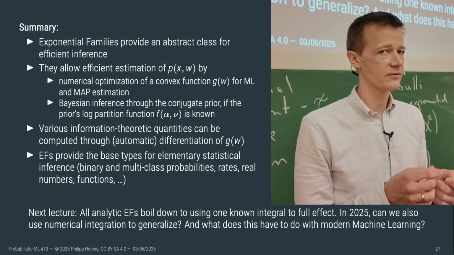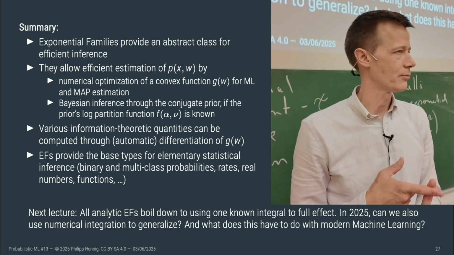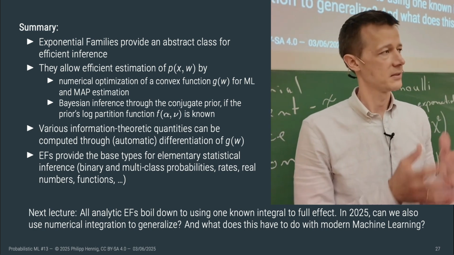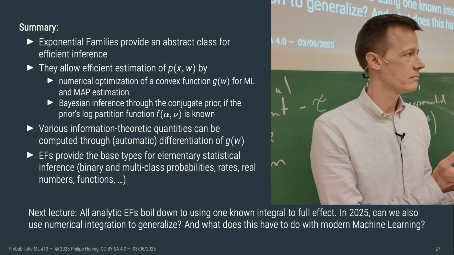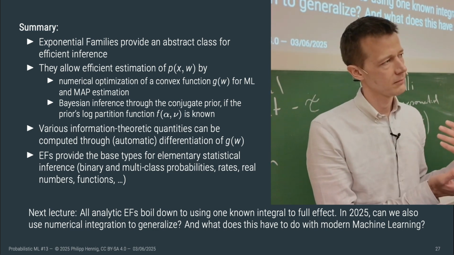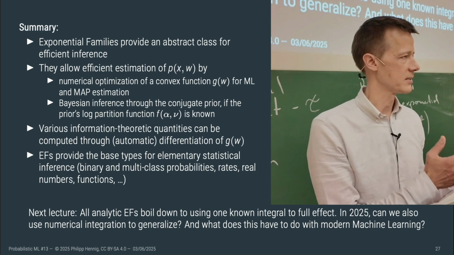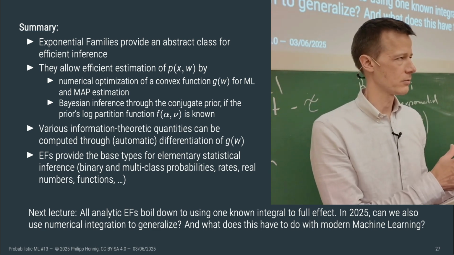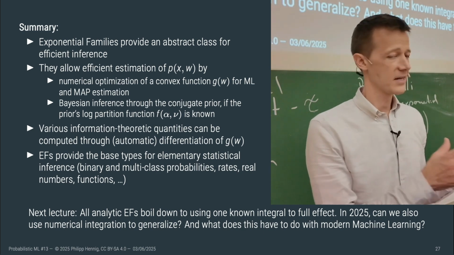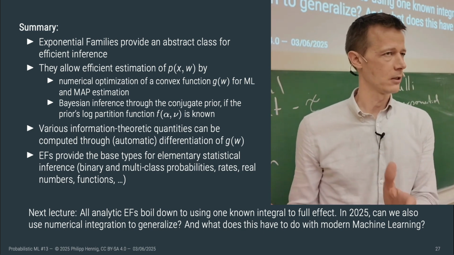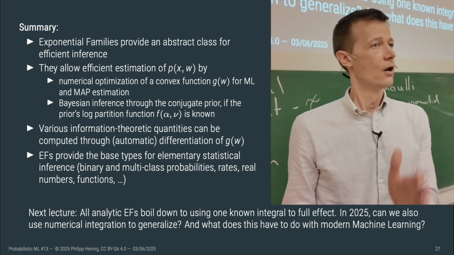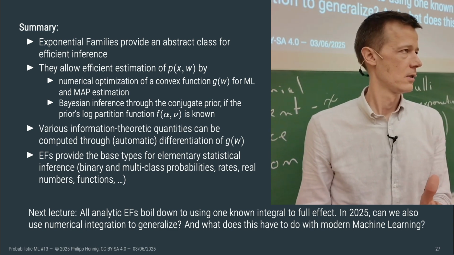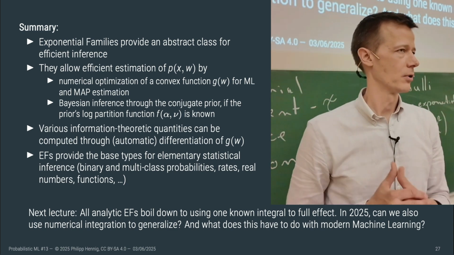It allows us, first of all, to do efficient statistical estimation of their parameters, either in a statistical sense by finding modes of the likelihood or a regularized likelihood that you can think of as a maximum a posteriori estimate, in the form of a convex optimization problem, or, given an extra ingredient, namely the log partition function of the conjugate prior, full Bayesian inference, resulting in a posterior measure over the parameters.